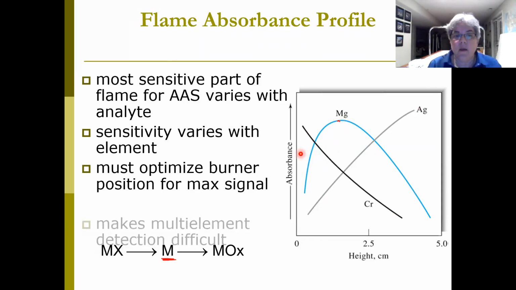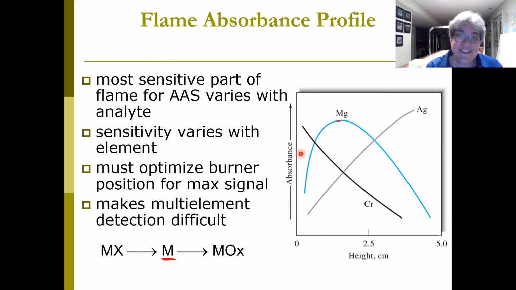Okay, so this means it's difficult to do multi-element detection, because every element has a different optimal position in the flame. If you remember, I told you that line source AAS can only measure one element at a time.